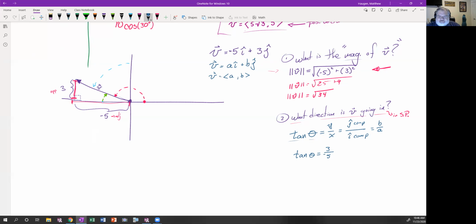That seem reasonable? What tool are we going to have to use, or what are we going to have to do to this thing to figure out what that angle is? Would we have to do tangent inverse? You will. Absolutely. Tan inverse.